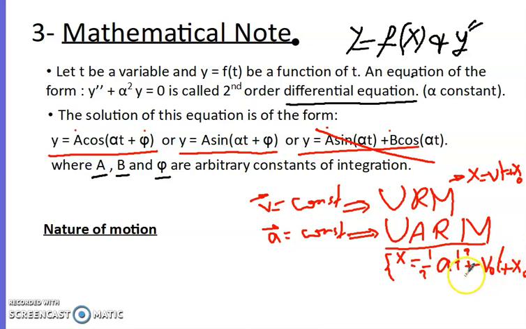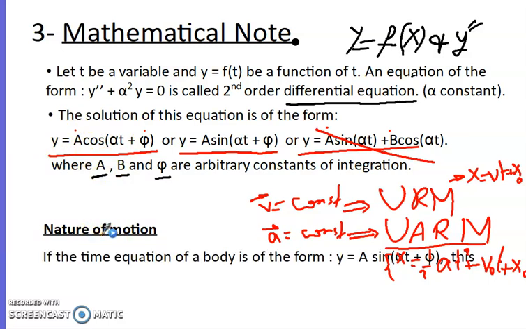Okay? So, which type of motion do we obtain if the time equation is of this form, containing sine or cosine? So, what do we call this motion? So, here it is.